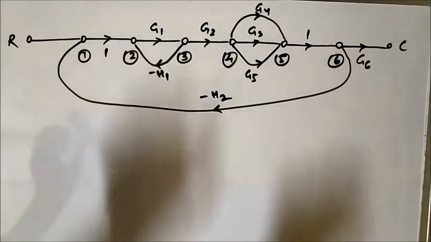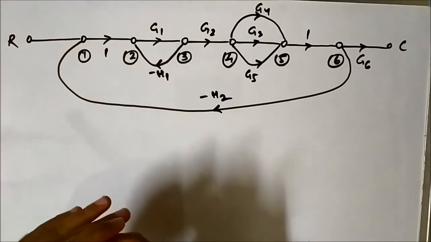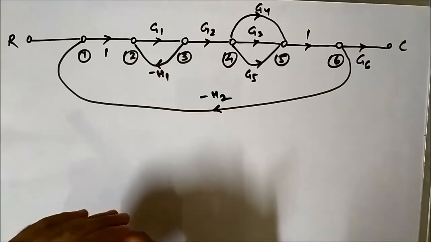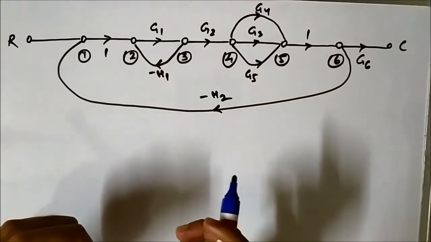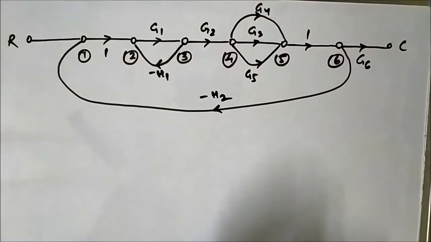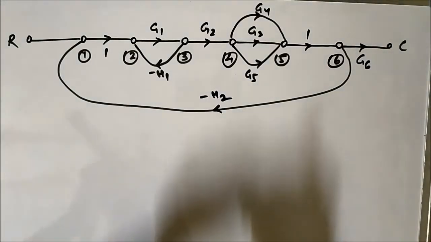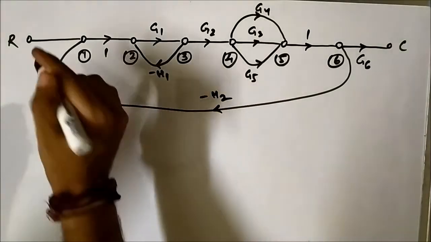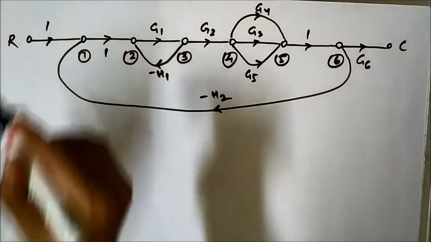So first, the forward path. The basic definition of a forward path says it is a collection of branches starting from the input node to the output node in the forward direction with no node being repeated.